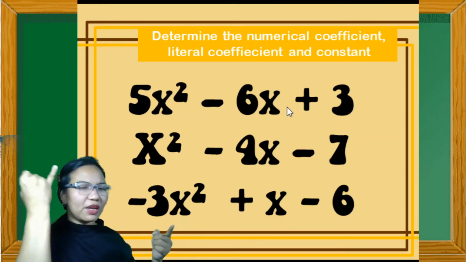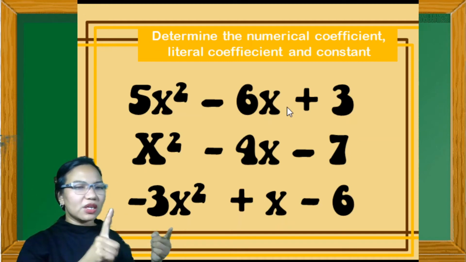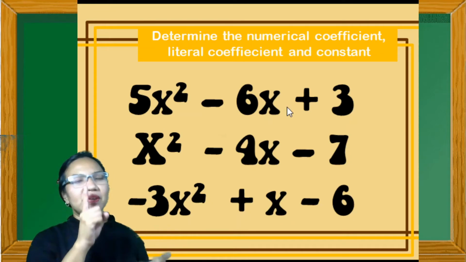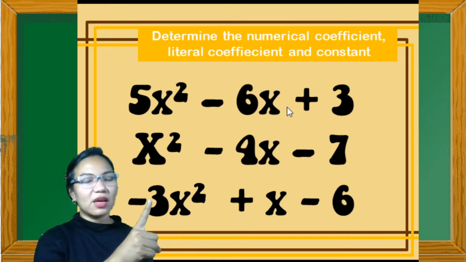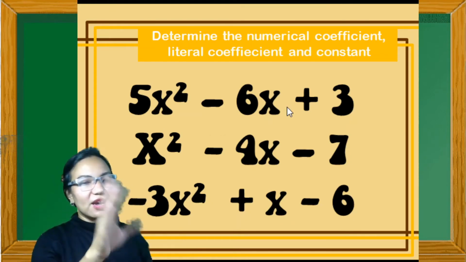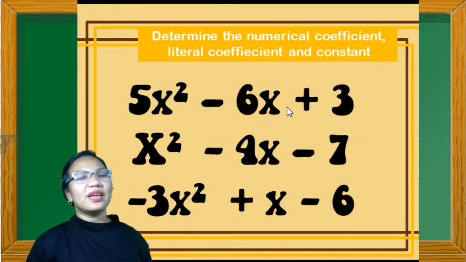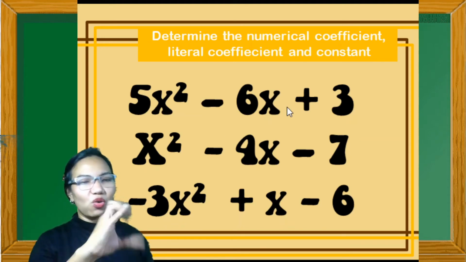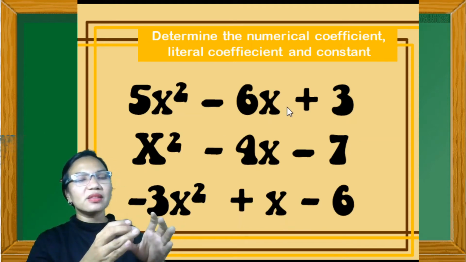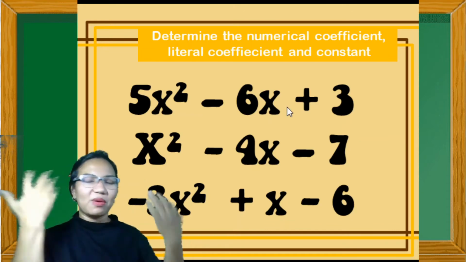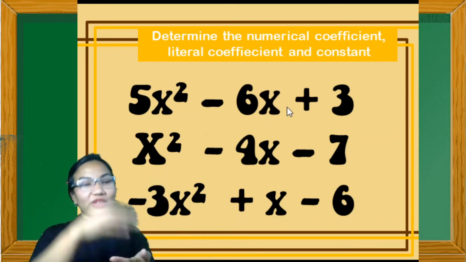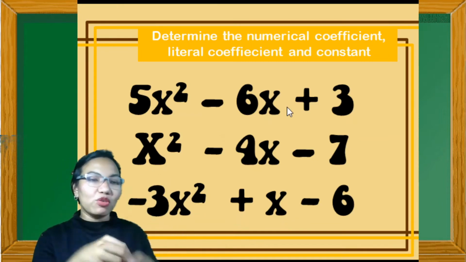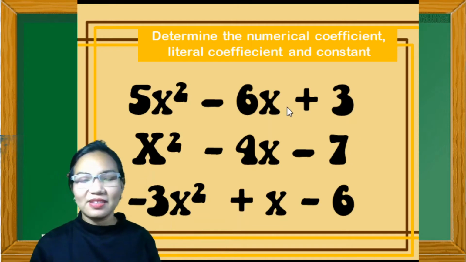So, do you have any idea what will be the numerical coefficient? Definitely true, it is 1 as the numerical coefficient. Then x is its literal coefficient, and then constant negative 6. Wow, great. We learned about the parts and components involving polynomials.